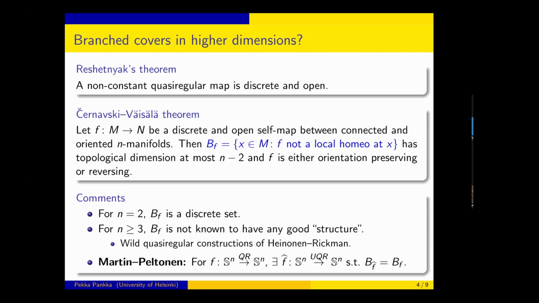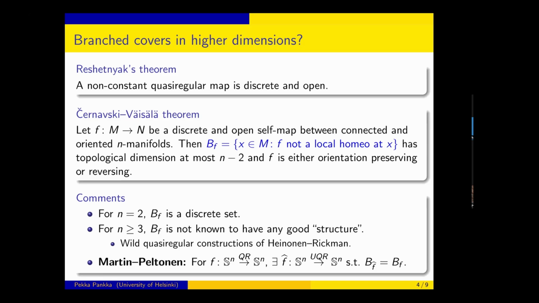Then the classical theorem about branched covers is the Chernavskii-Väisälä theorem, saying that if you have a discrete and open map, not a self-map, but a map between connected and oriented n-manifolds, then the branch set, the set where the map fails to be a local homeomorphism, has topological dimension at most n-2, so it's two dimensions lower than the ambient space. So the branch set doesn't separate the space, it is a small set, but the only thing you know is really about the topological dimension.